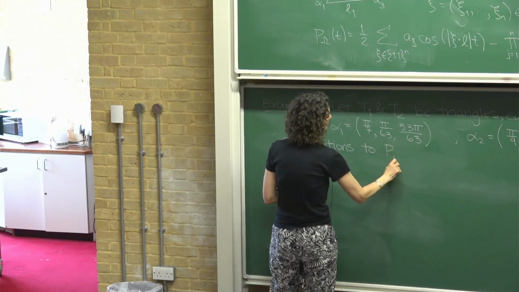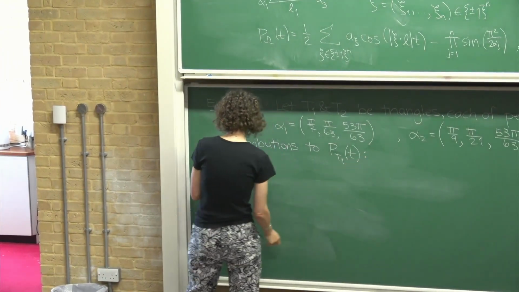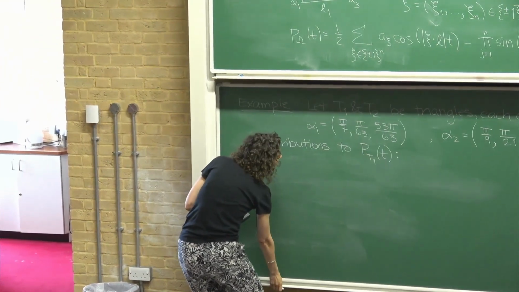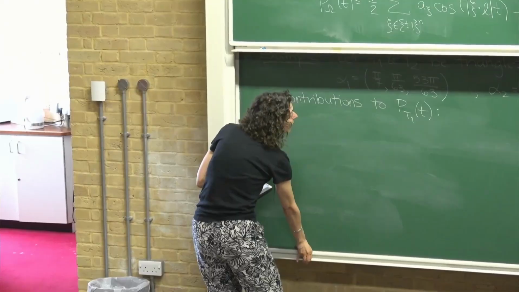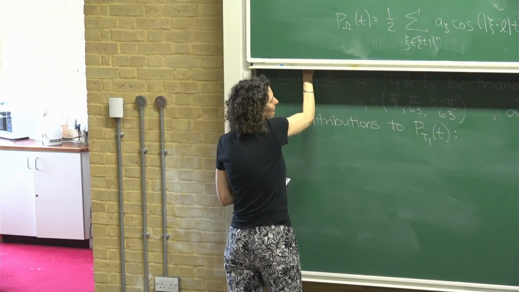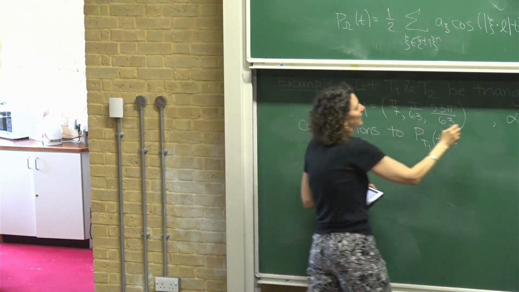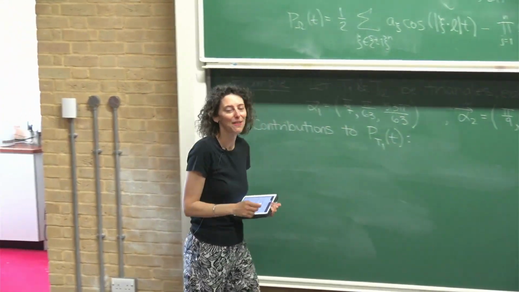So what are the contributions to the characteristic polynomial for T1? This is a vector, if you want, this is my vector of lengths.